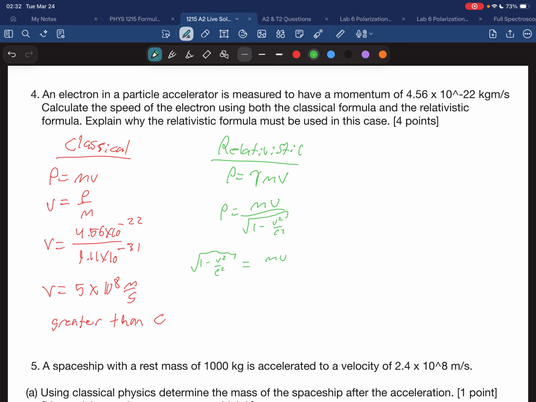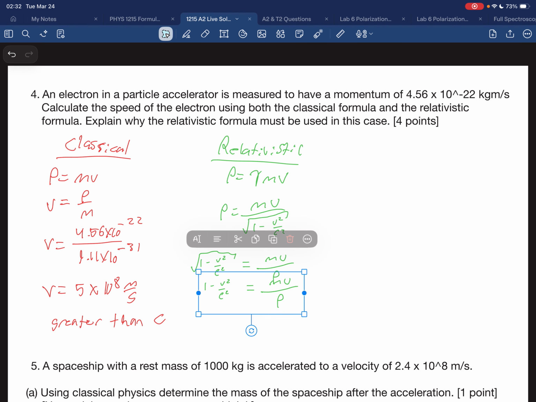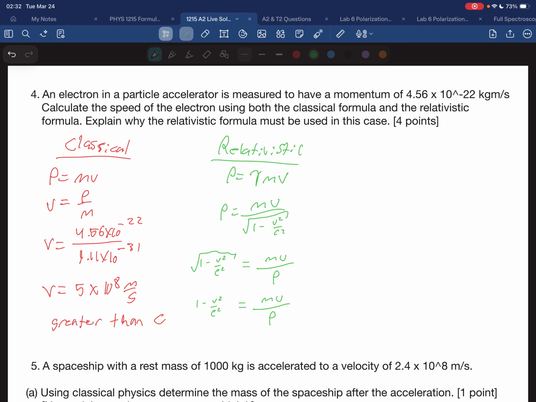And at the same time, I'm going to divide everything by p. I'm going to square everything now too. So hopefully this works the way I want it to. Great. So now everything is squared.